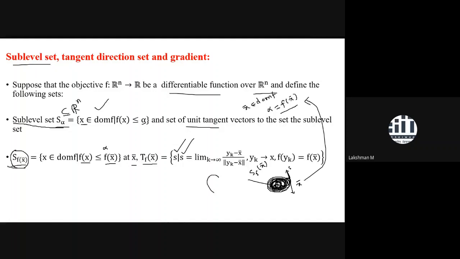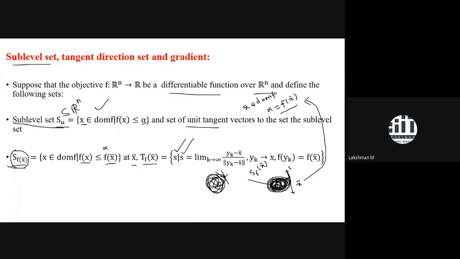Not an ellipse. A solid sphere kind of structure would be there. If you take a point on this 3D solid sphere, you will observe infinitely many directions. So there would be infinitely many S. This set would have infinitely many elements.